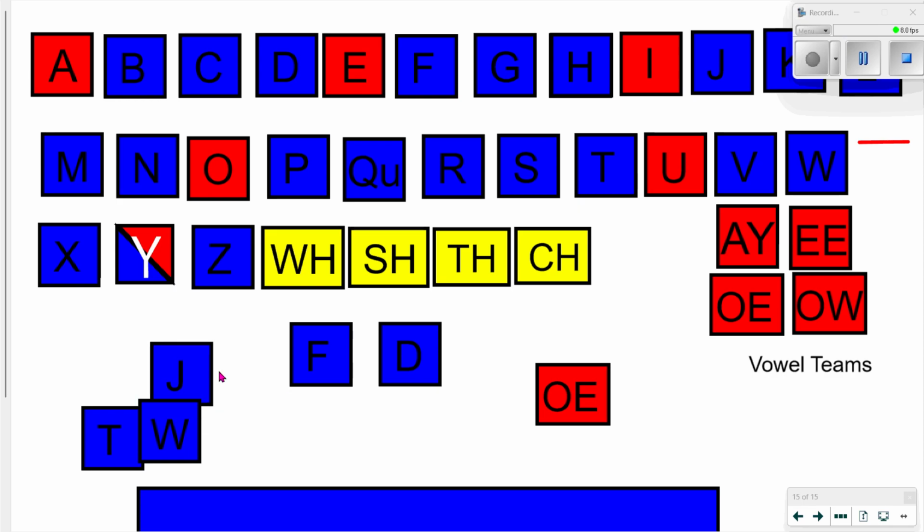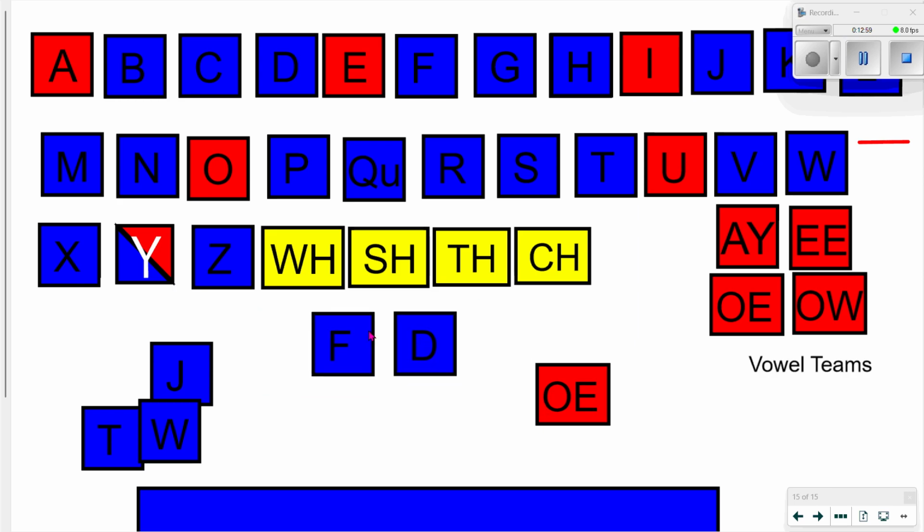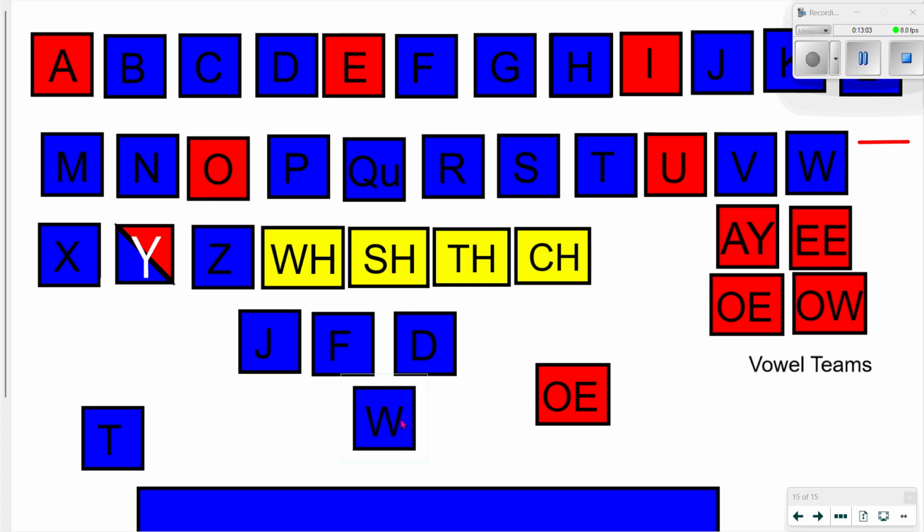Let's choose another one. What if I put the F in front of it? Foe, like an enemy. And I could put a D in front of it. Doe, as in deer. So usually the only time I'm going to see this vowel team of OE at the end of a word is if it's one of these little tiny words.